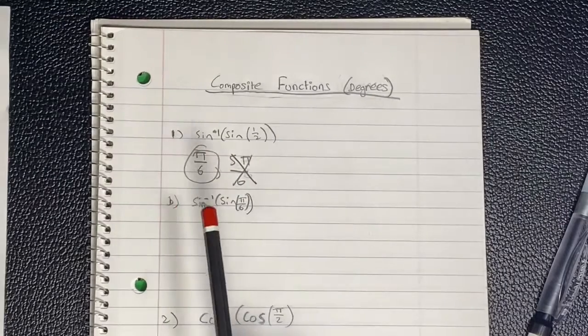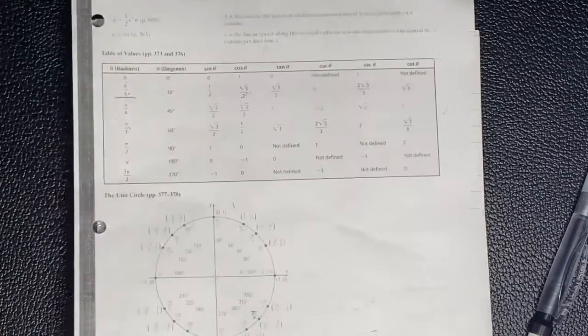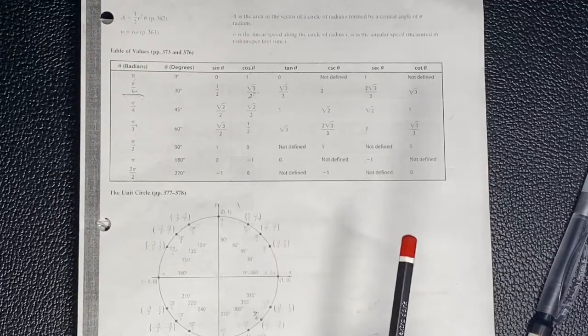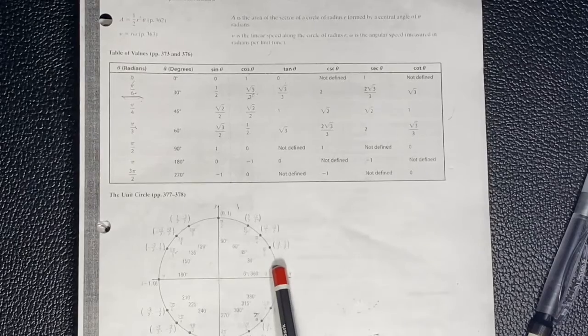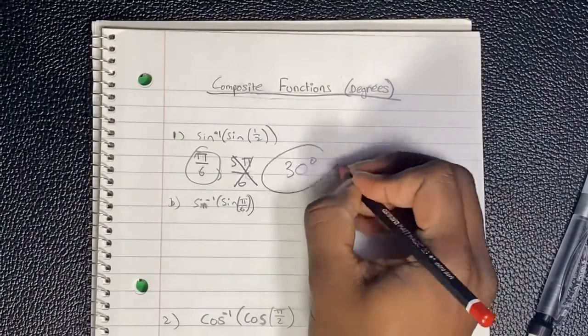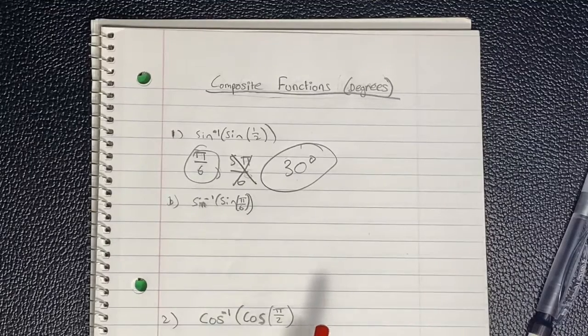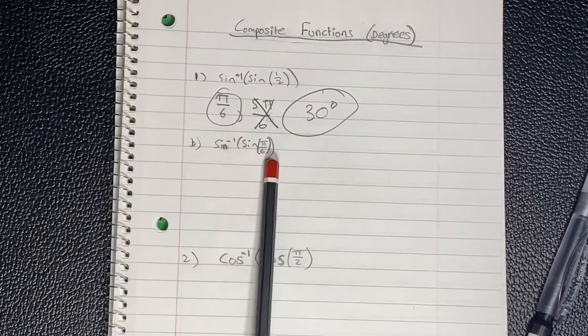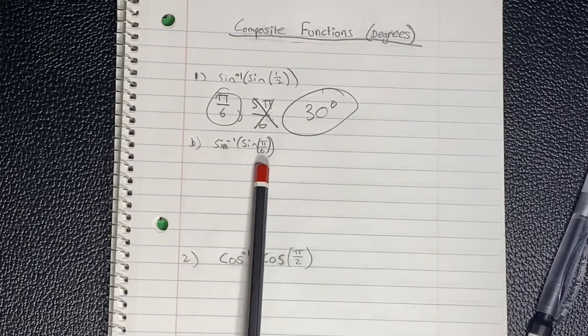But that's not our final answer. If you have a unit circle with you at hand during tests and quizzes, you can just look at the chart and see pi over 6 is 30 degrees. That's our final answer.